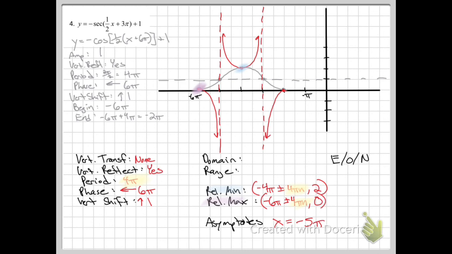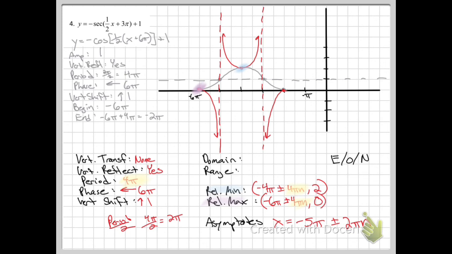And there's 2 of them in my graph, right? So that repeats every 4 pi over 2. 4 pi over 2 is 2 pi. So it repeats every 2 pi n. So for the asymptotes, it's period over 2 because I see that the distance between them is half the period in length.